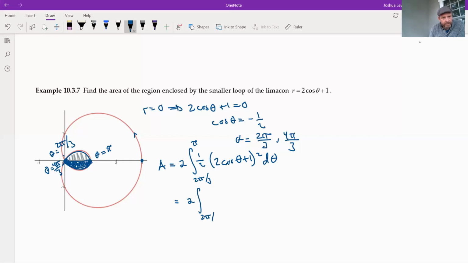Okay, 2 pi thirds to pi, and then, well, let's do this again.